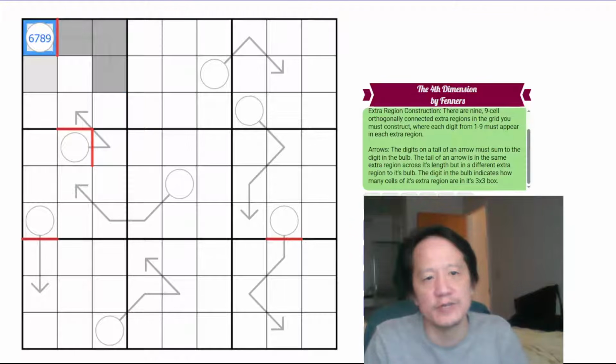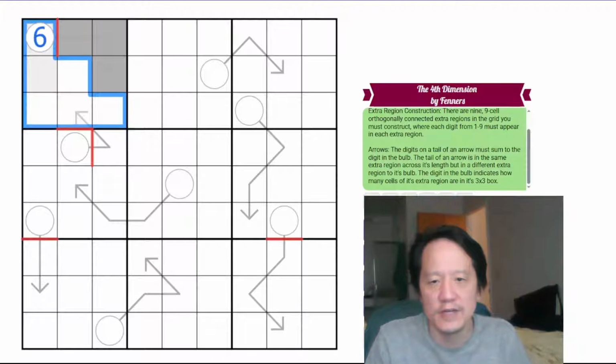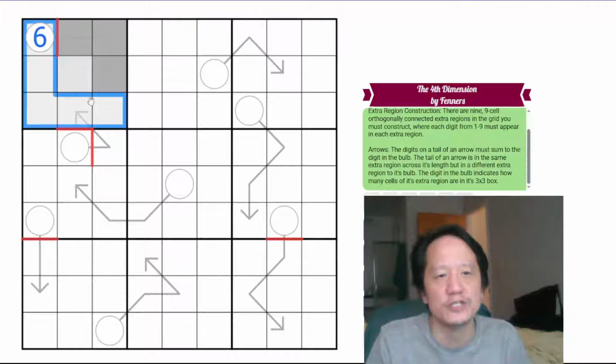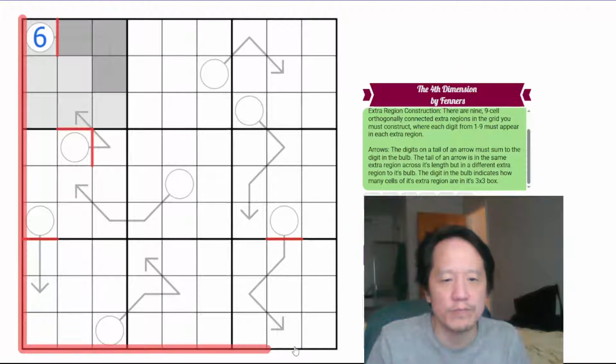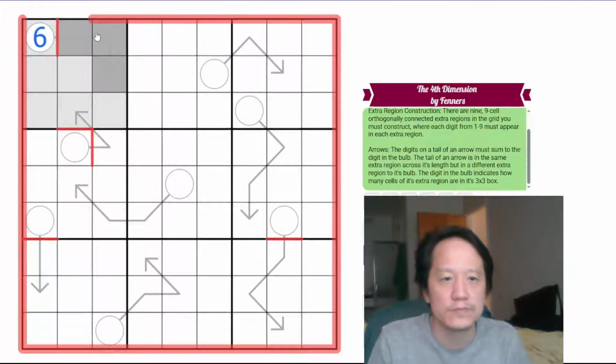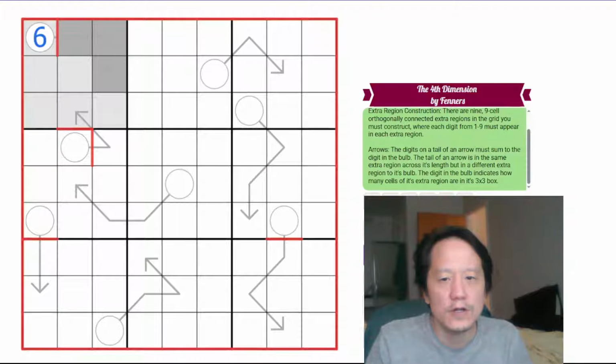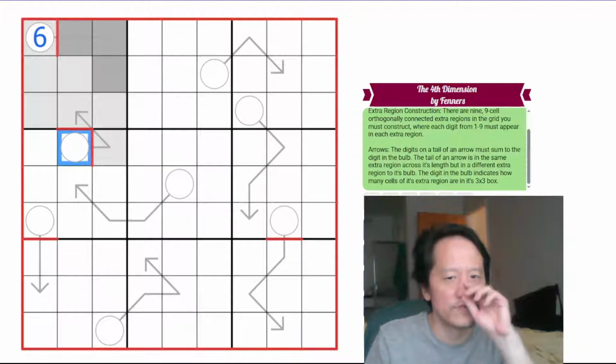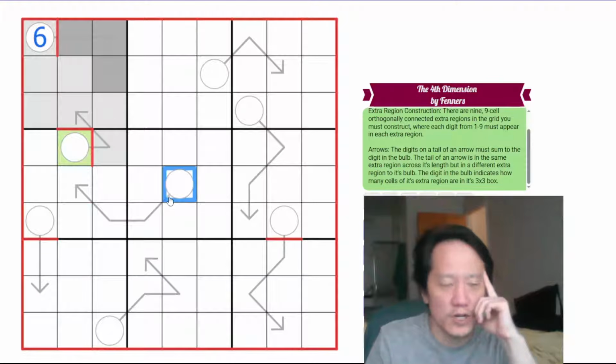So this has to be then exactly 6 because that's the minimum amount left. So these are all part of the same region and is 6. So, okay, let's draw all around the border. This also must be part of that region. So it's here also. This is a different one, so we're going to make that green.